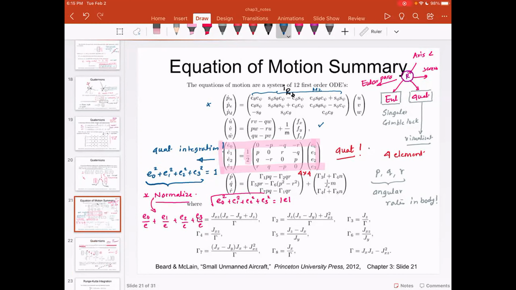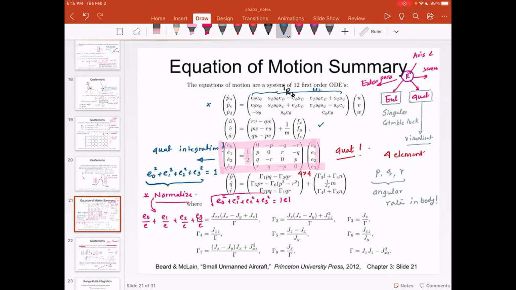But I want you to understand, when you are going to integrate, the values of P, Q, R, remember PQR are the body roll rates. P is the rate along the x-axis, Q is the rate along the y-axis, and R is the rate along the z-axis.